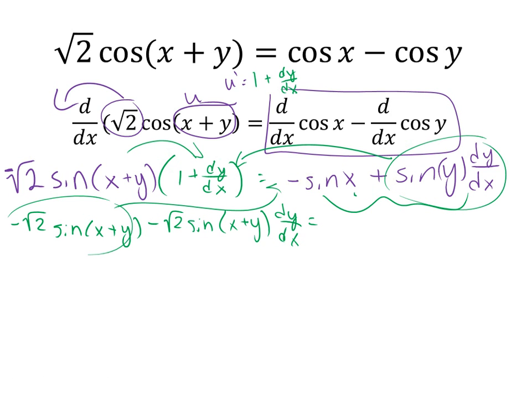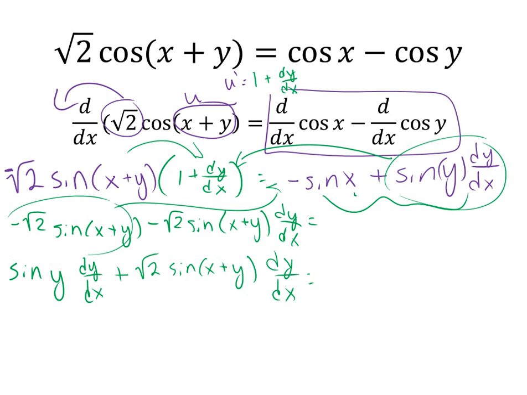So I want to get the dy's and dx's on the same side, which I have sine y dy over dx plus the square root of 2 sine of x plus y dy over dx is equal to, looks like it's going to be sine x minus root 2 sine of x plus y.